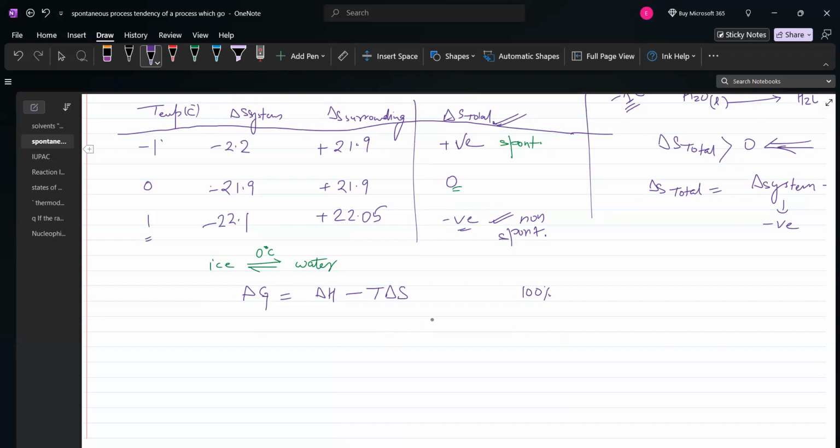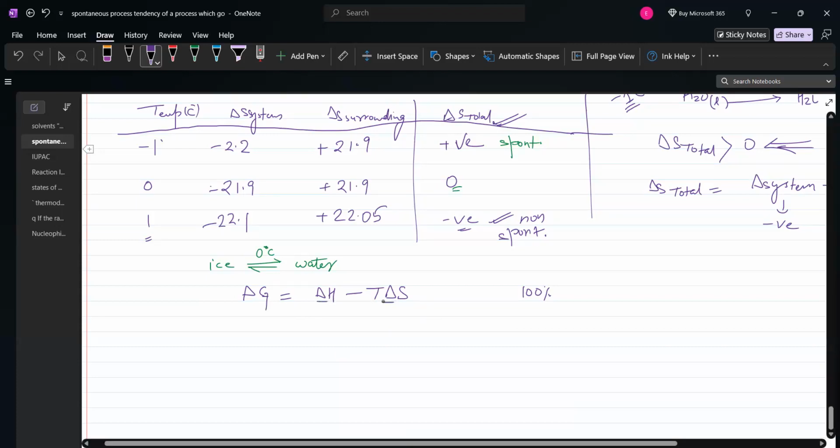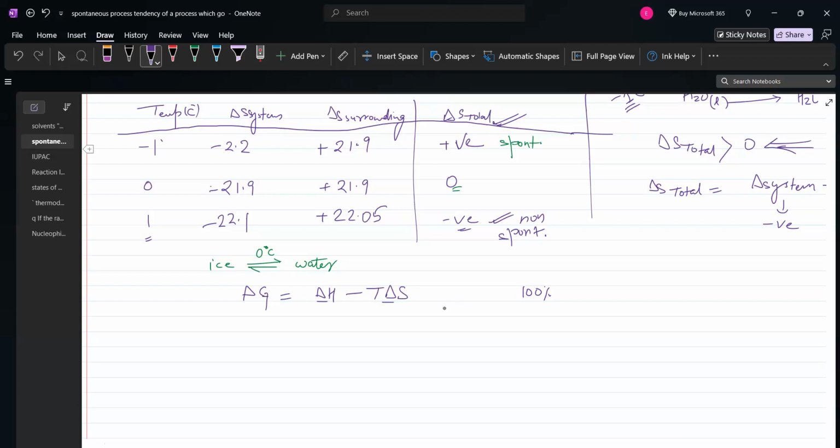Delta S and delta H alone will not confirm that the reaction will be spontaneous, that the process will happen. Only delta G, which takes both these terms with it, will comment for sure whether the reaction will be spontaneous or not. Okay. Got it?